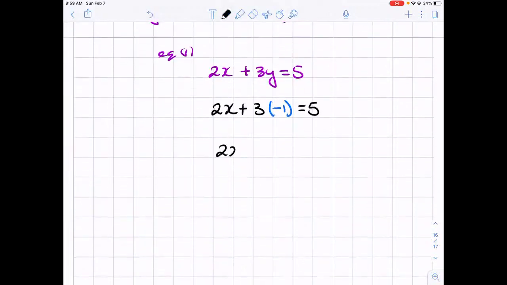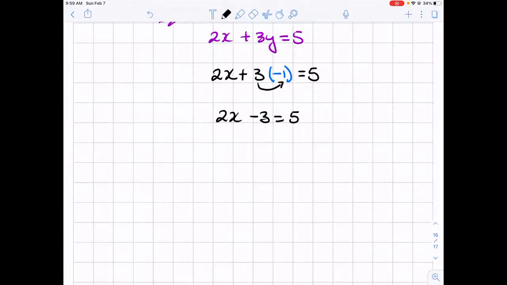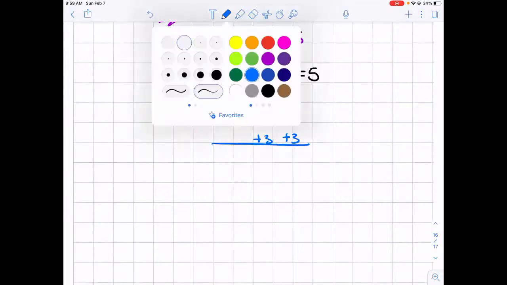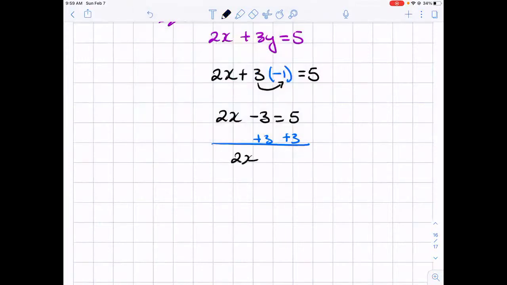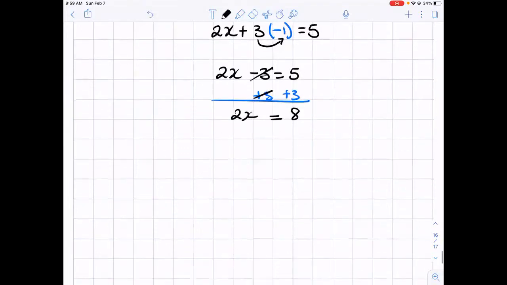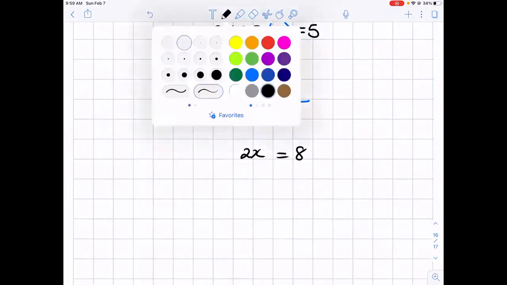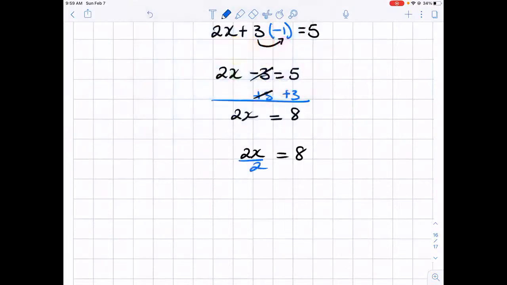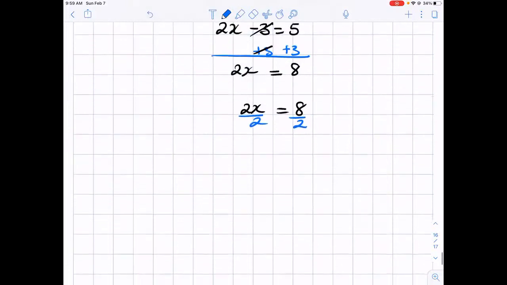So 2x, 3 times 1 is negative 3 equals 5. And then I will add 3 on both sides. So we end up with 2x minus 3 and plus 3 cancel, and that is equal to 8. And 2x is equal to 8. We'll divide both sides by 2.